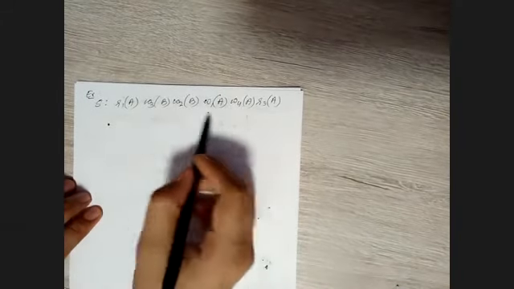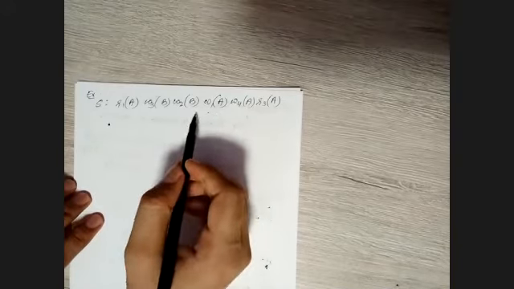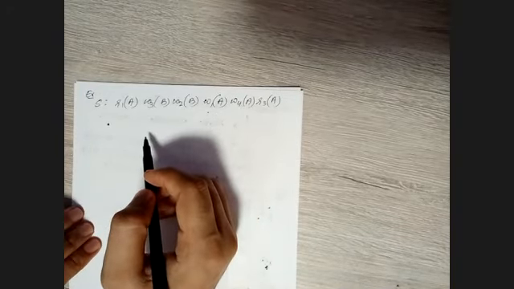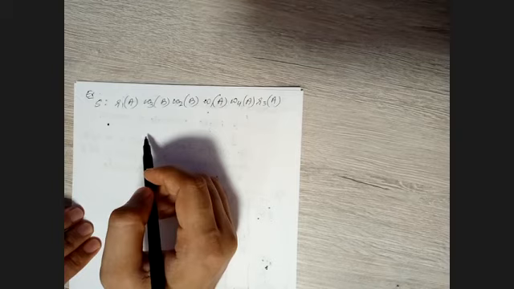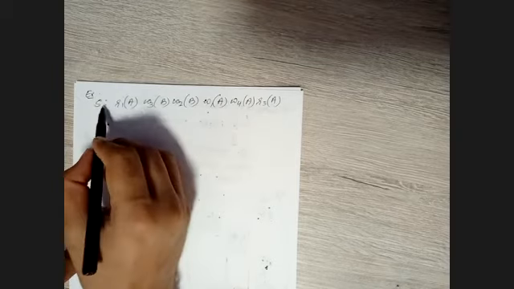Okay, fine, so this is the question. We have the schedule like this one, and we need to check whether it is view or conflict serializable or not.